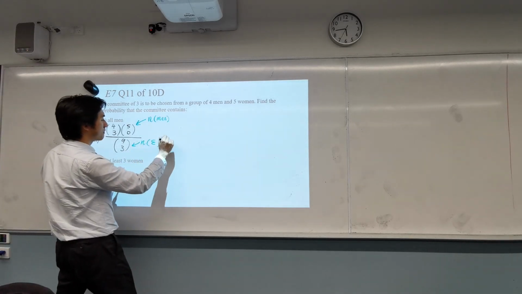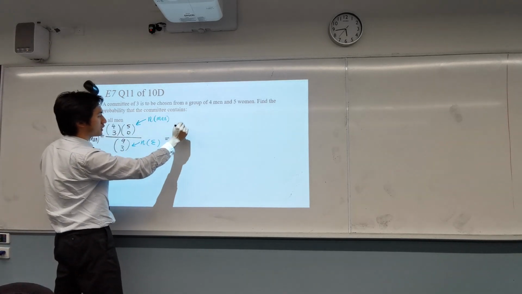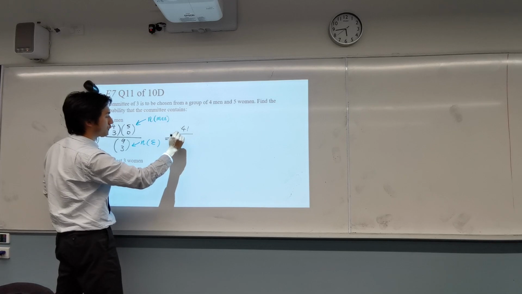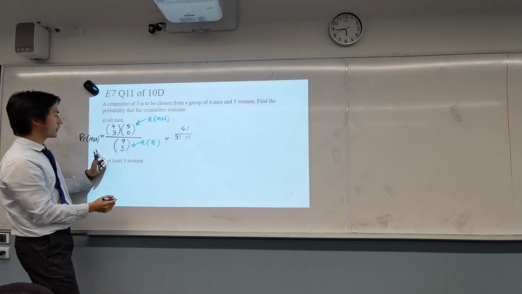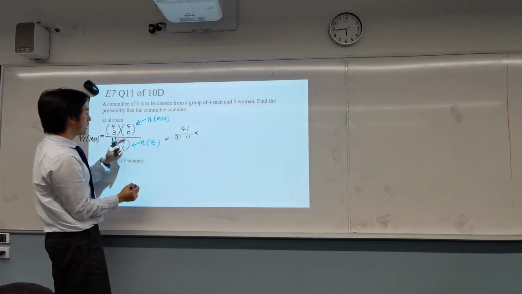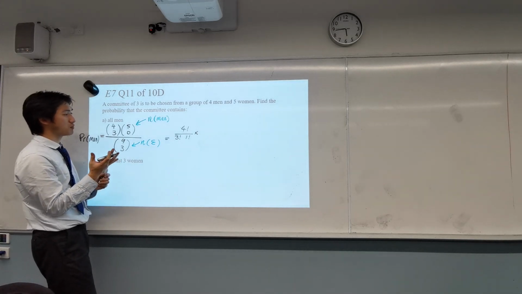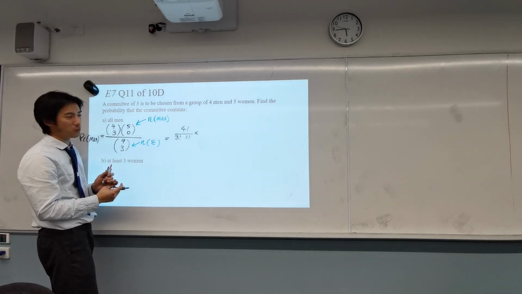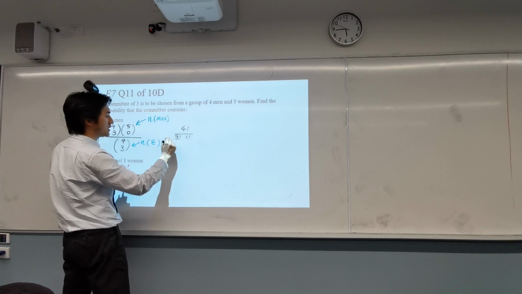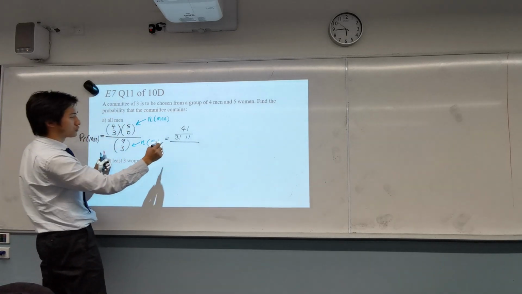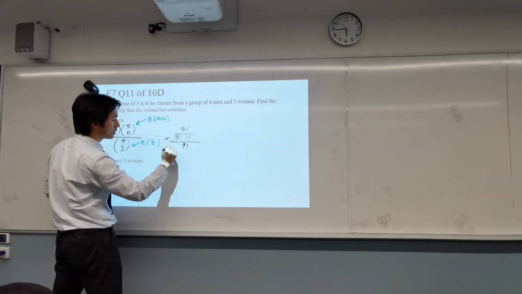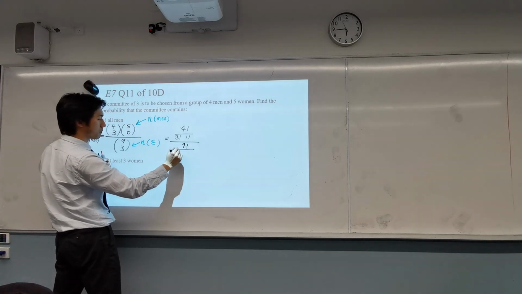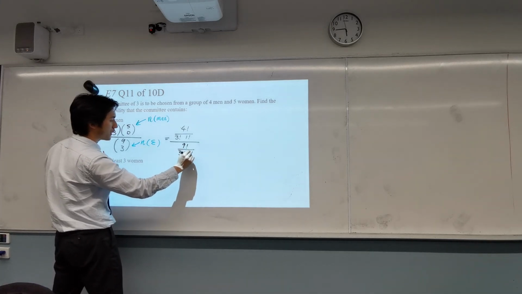Let's work this out. 4 choose 3 is 4 factorial over 3 factorial 1 factorial. And we multiply it by 5 choose 0. Choosing no one from 5 women, there's only one way to do it, so I'm not going to even write it down. At the bottom I've got 9 choose 3, so that's 9 factorial over 3 factorial 6 factorial.